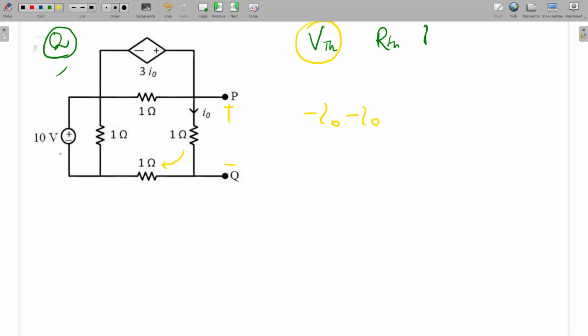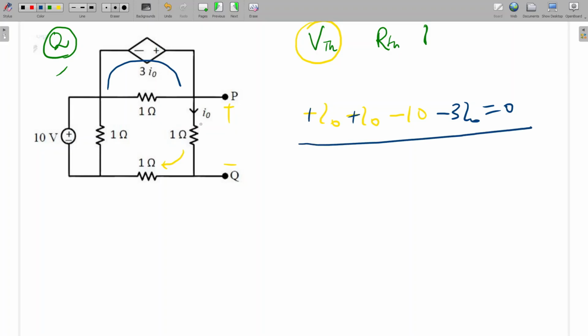And here it will be minus 10. Here the path is not closing, so further I am moving from this side to this side. So minus 3 I naught should be equal to 0. This is the KVL equation. Here it will be plus minus, plus minus, and this is minus plus, minus plus.